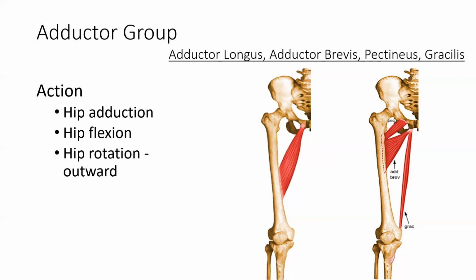So remember here, the adductor longus, brevis, pectineus, and gracilis are hip flexors, and adductor magnus is a hip extensor. So this is where they really counteract each other. They both work for adduction, but there's a group that causes hip flexion, while there is a large muscle that sits posterior and causes hip extension.